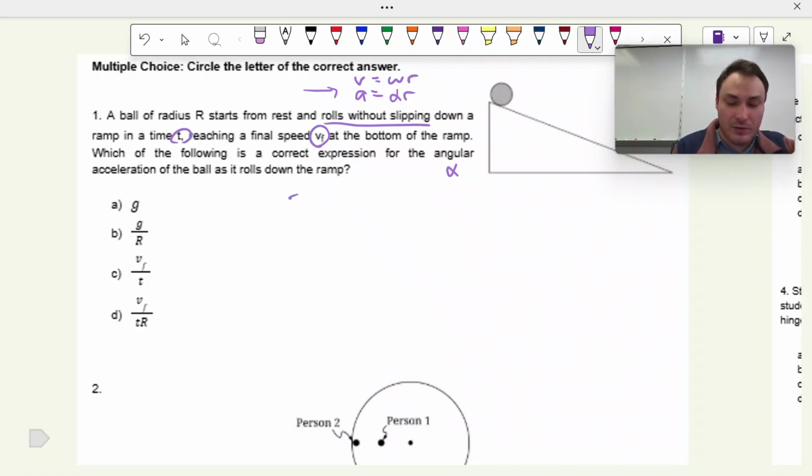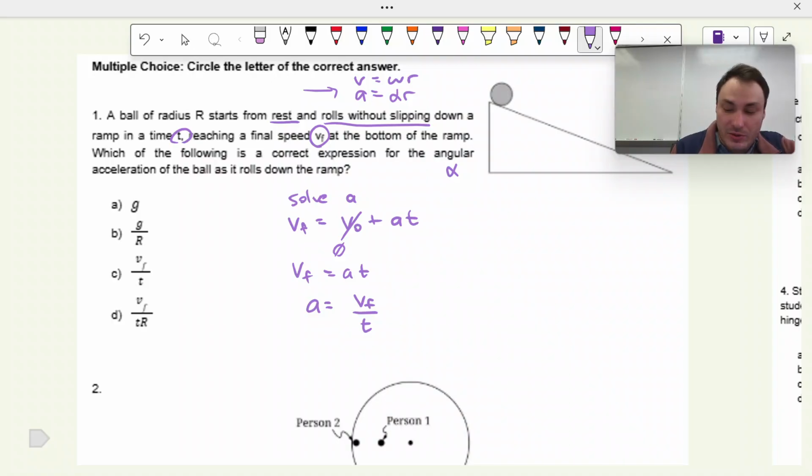Let's solve for the linear acceleration based off that information. We know that v final is equal to v initial plus a times t. The initial velocity is 0 because it starts at rest. So v final equals a t, which means a is v final over t.